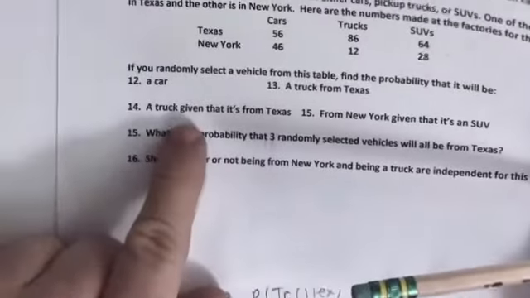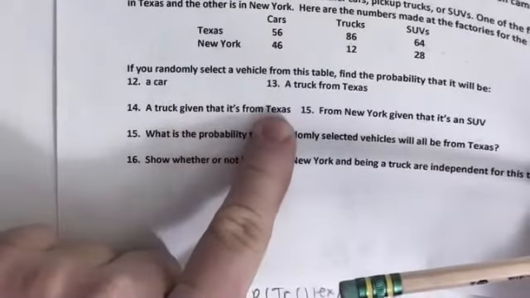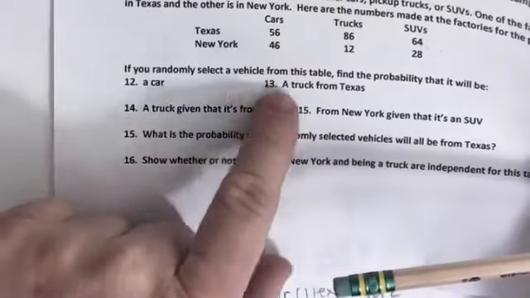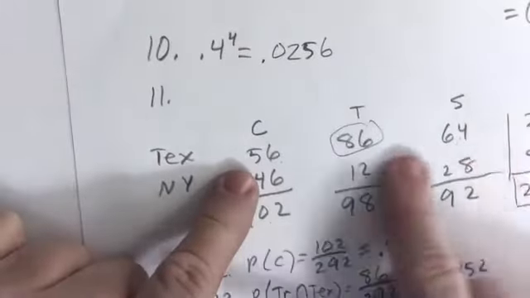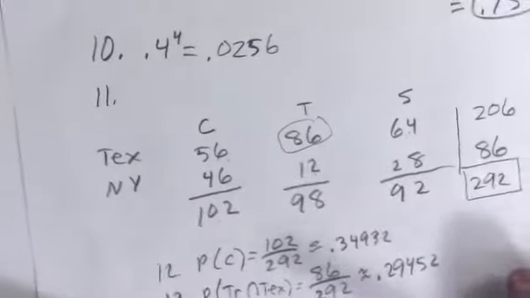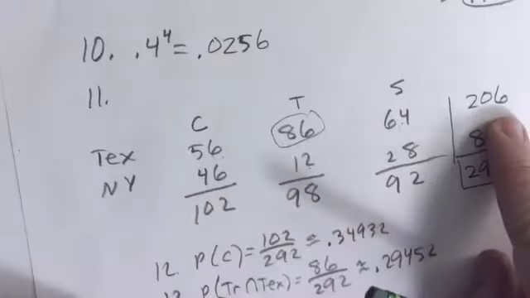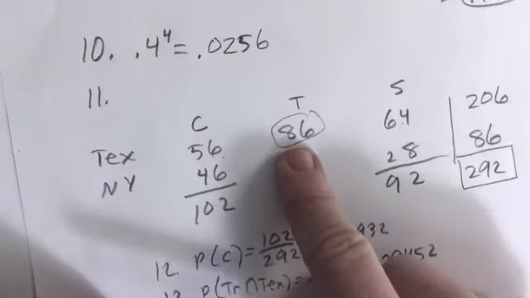Number 14, we are getting there. So it says a truck given that it's from Texas. So we can only look at these Texas vehicles. And what's the probability that's a truck? So we can only look at these 206 vehicles that are from Texas. If you randomly select one of these 206, what's the probability that it's going to be a truck?